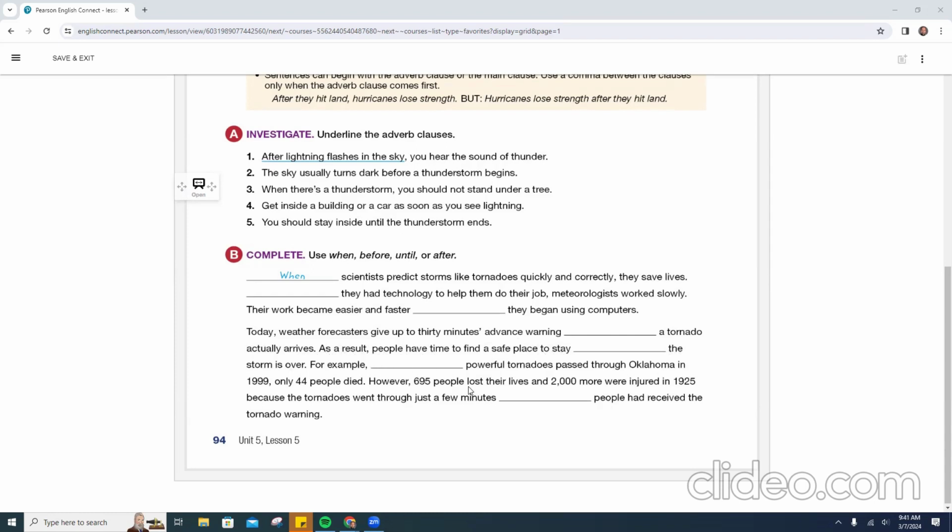For example, blank powerful tornadoes passed through Oklahoma in 1999. Only 44 people died. However, 695 people lost their lives and 2,000 more were injured in 1925 because the tornadoes went through just in a few minutes. Blank, people had received the tornado warning.